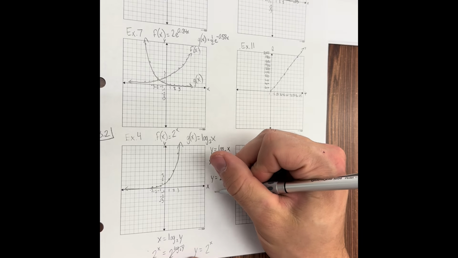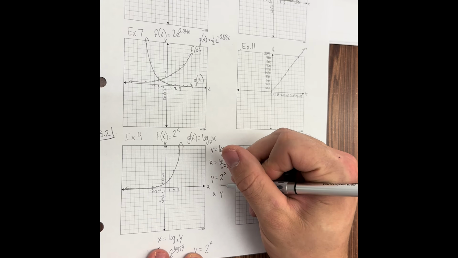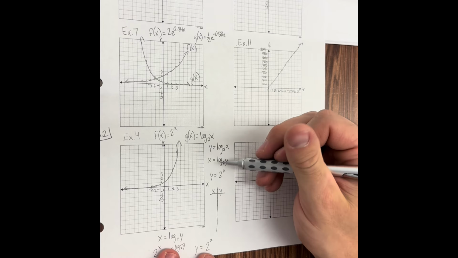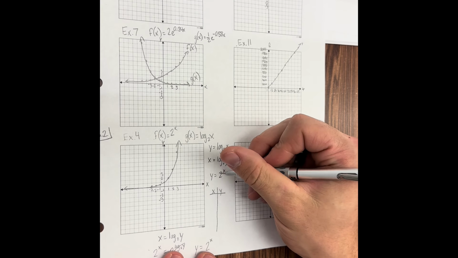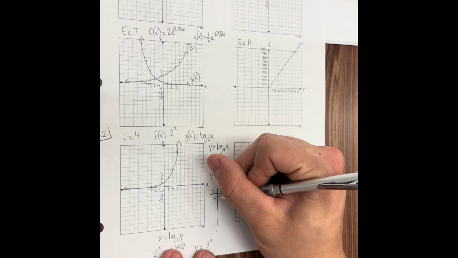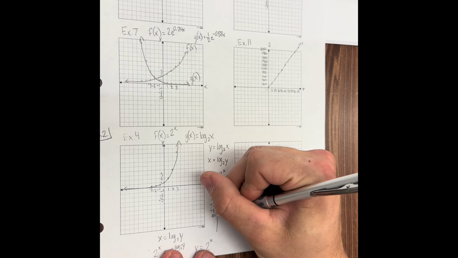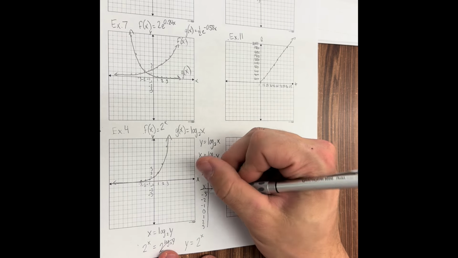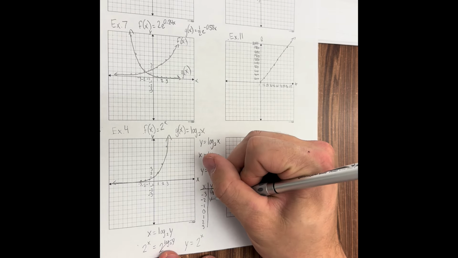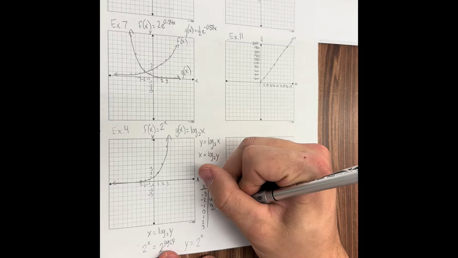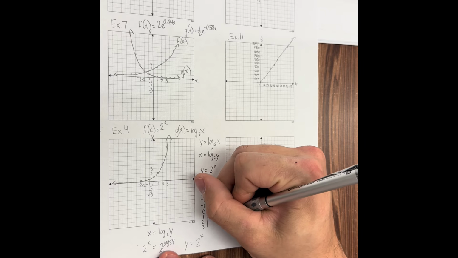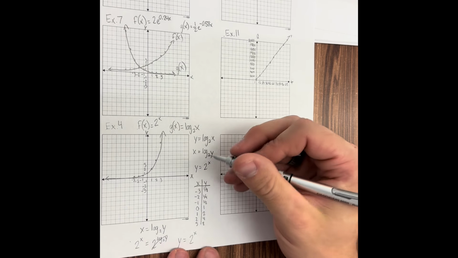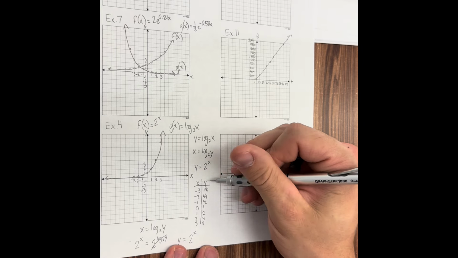So that means whenever we plug something in for y here, it's going to switch around. All right. So if we plug things in here, I can go ahead and plug these in just like we did for our first equation, right? Now, we got 1/8, 1/4, 1/2, 1, 2, 4, and 8. Now with the inverse function, all that's going to happen is x and y are going to switch.